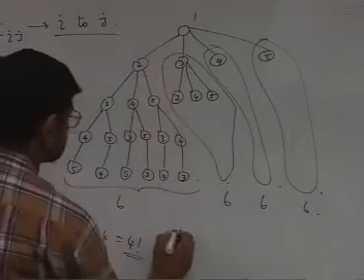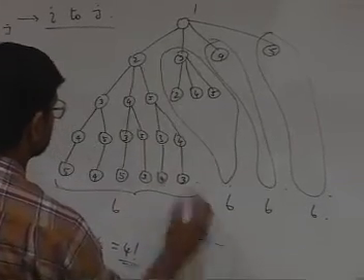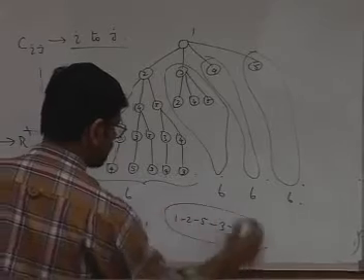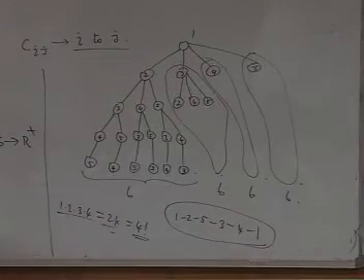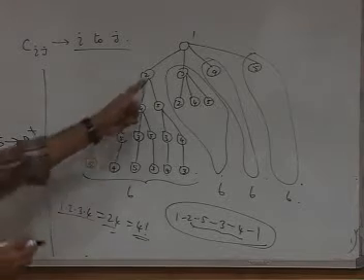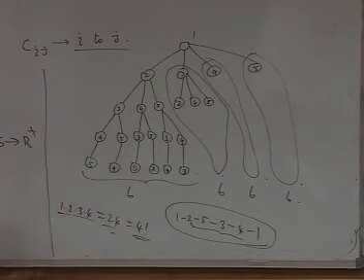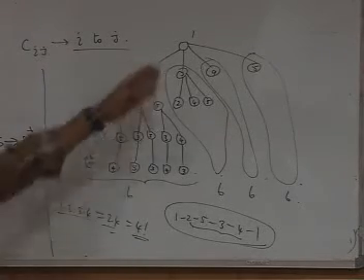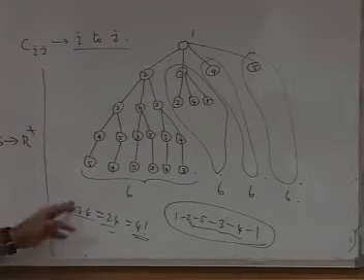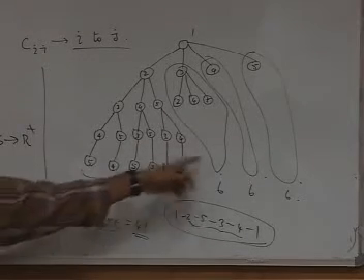This path corresponds to 1 to 2, 2 to 5, 5 to 3, 3 to 4, 4 to 1. So 2, 5, 3, 4 is a permutation, and here 2, 3, 5, 4 is used, like that, and here 1, 3, 2, 5, 4, all permutations. So 4 factorial permutations will be represented.